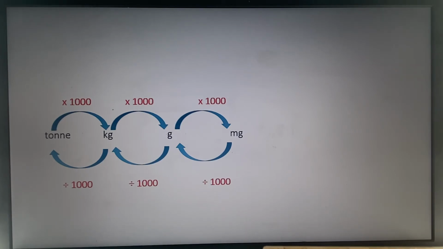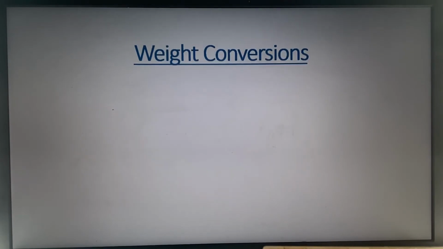And each time to go from each unit of measure, we're multiplying by 1,000, and to go back we're dividing by 1,000.